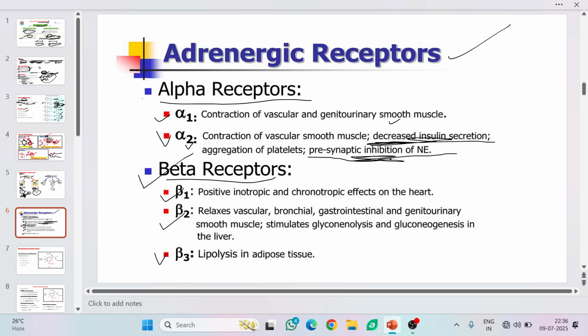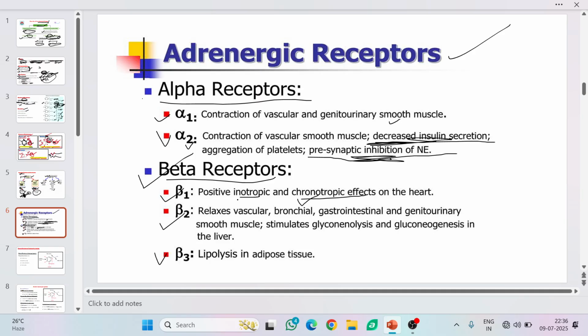So the function of beta 1 is what? Increase heart rate, or force of contraction. So it is written: positive inotropic and chronotropic effect on heart. Inotropic means force of contraction and chronotropic means heart rate.